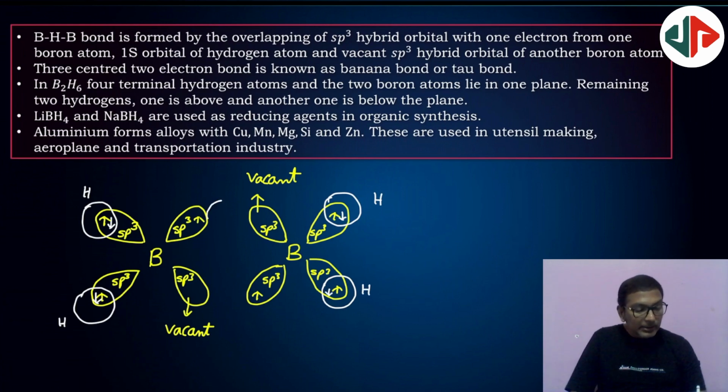Next, 2 hydrogen atoms will form different bonds. Here one unpaired, here also one unpaired, hydrogen. So here the important point is, these 3 will combine to form a new type of bond.